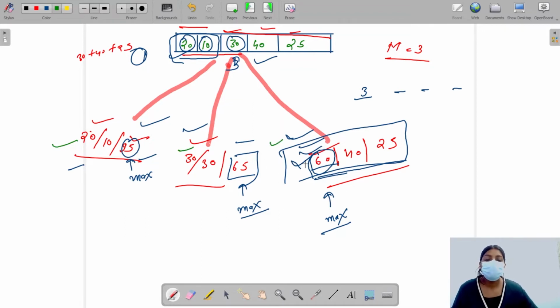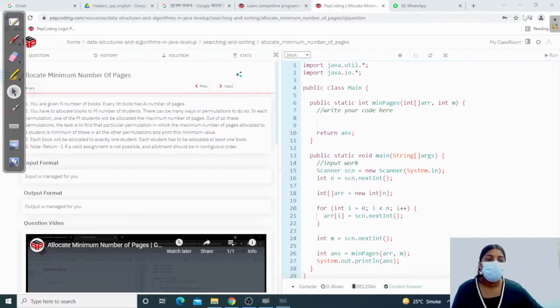At least one student has to read the maximum number of pages. All right. And after that, the task is to find that particular permutation in which the maximum number of pages allocated to a student is minimum among all other permutations, and print this minimum value.